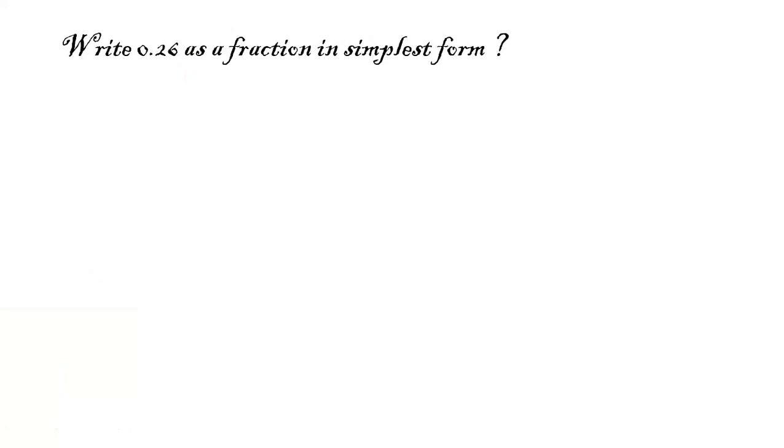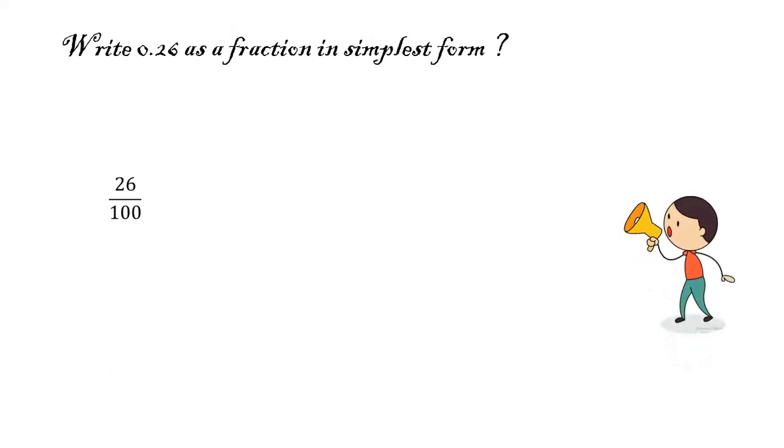That gives you a kind of hint as to what the fraction looks like. 26 over 100. So write a little hint: when you convert from a decimal to a fraction, just read it aloud.